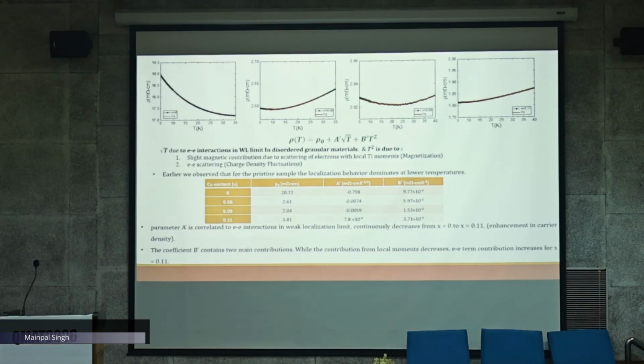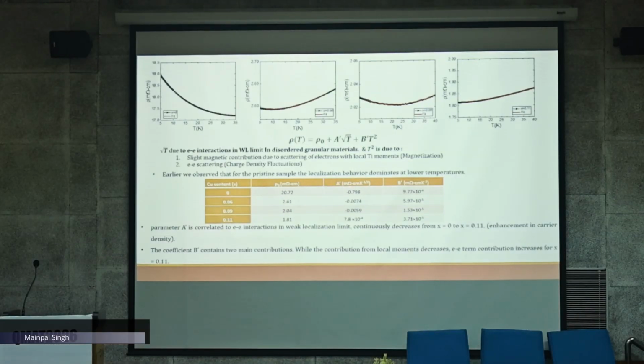The first is the conventional electron-electron scattering in Fermi liquids, and the second is the magnetic contribution coming from the scattering of electrons due to localized Ti moments. So in the pristine sample we could find the localized Ti moments, but as we increase the copper concentration, we can clearly see the main contribution comes only from the T square term and not from localization.